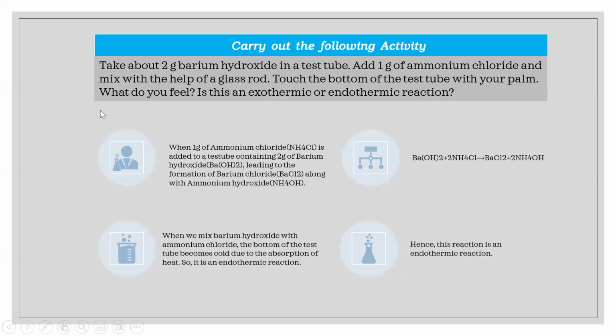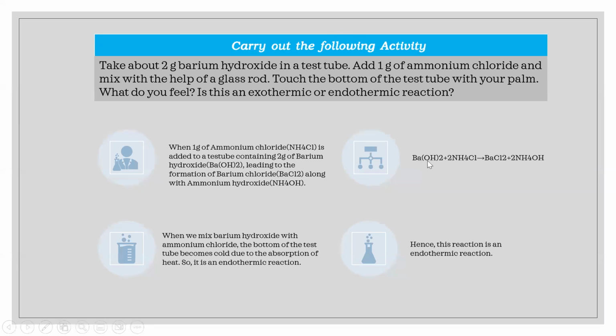Next one is to carry out the following activity. We have to take 2 grams of barium hydroxide in a test tube, and we have to add ammonium chloride into that. When ammonium chloride is added to barium hydroxide, it leads to the formation of barium chloride plus ammonium hydroxide. This is the chemical reaction.